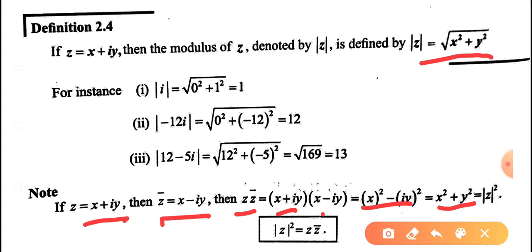So what do you conclude? This is equal to modulus z whole square. We are squaring modulus z, we get the same answer. Are you understand? So z into z bar equals modulus z whole square.